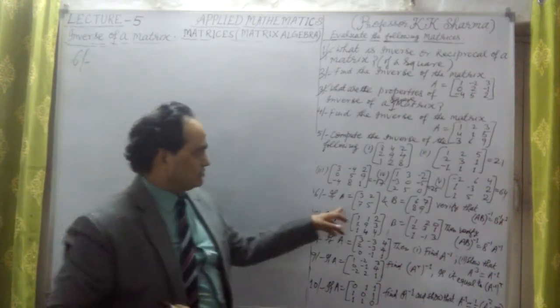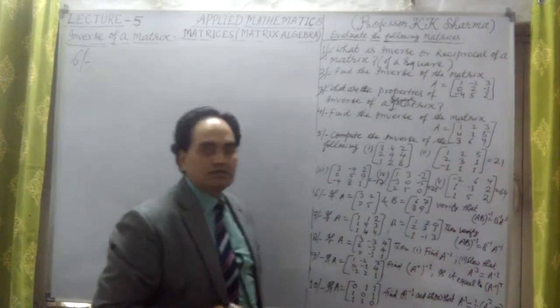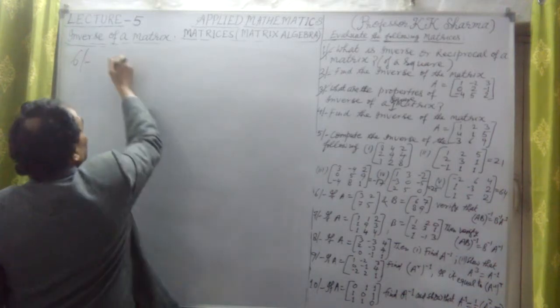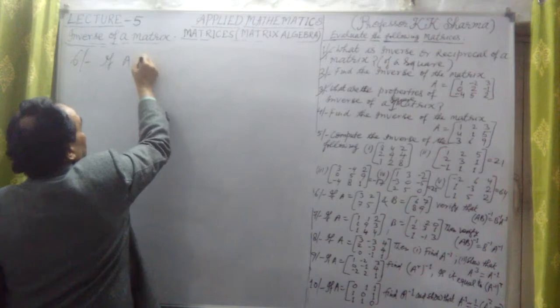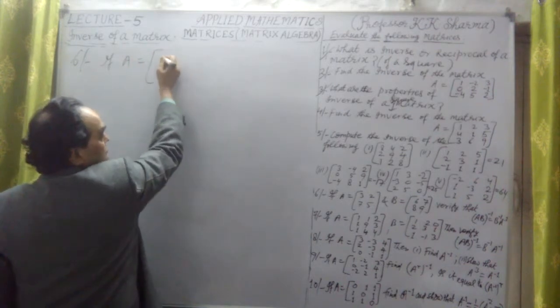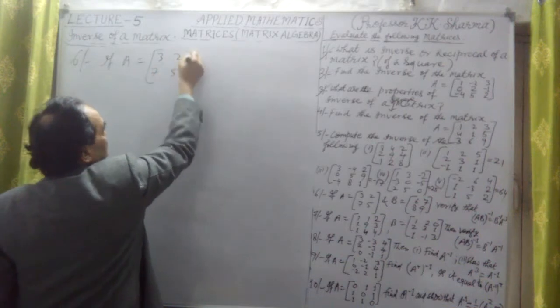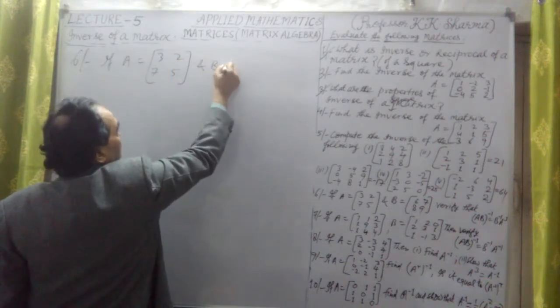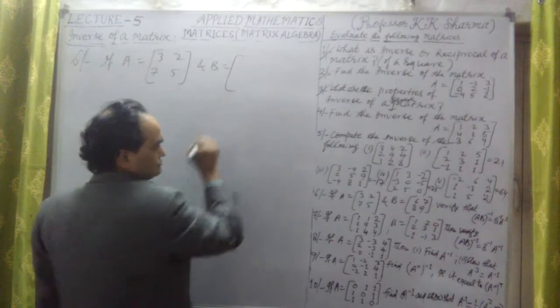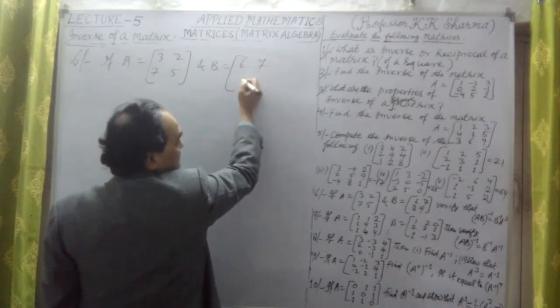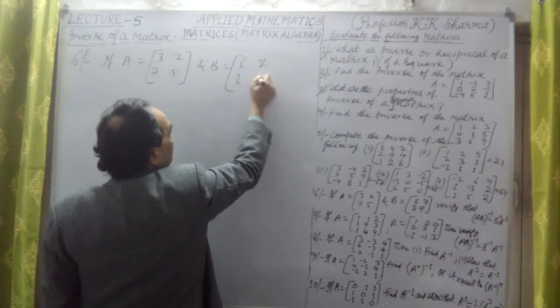It says if A is equal to this, B equal to this, verify that (AB) whole inverse is equal to B inverse A inverse. Where A is equal to 3, 2, 7, 5, and B is equal to 6, 7, 8, 9.